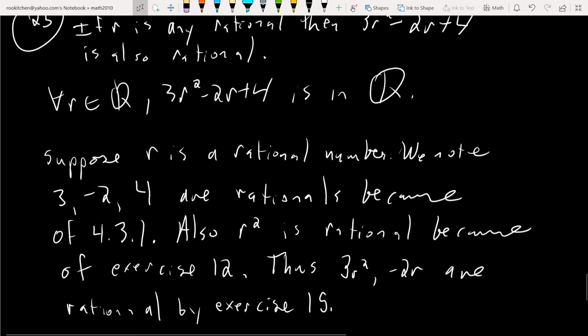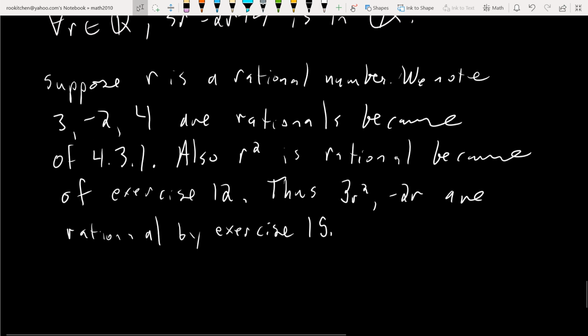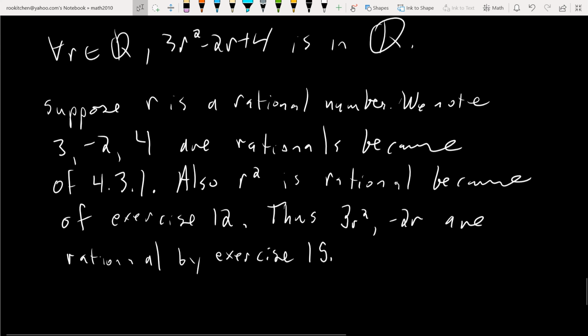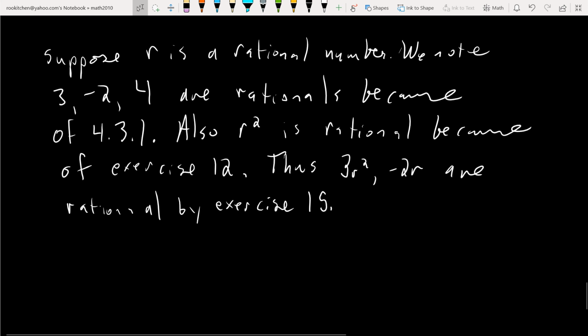And then finally you want to start adding things together, but you can't add all three at a time because there's no theorem that says the sum of three rational numbers is a rational number. All we have is the sum of two rational numbers is a rational number, and that's 4.3.2. So I have to build to the sum of these three numbers.